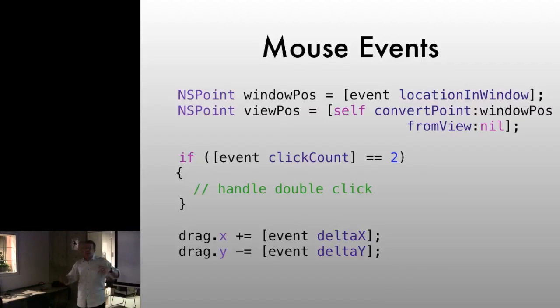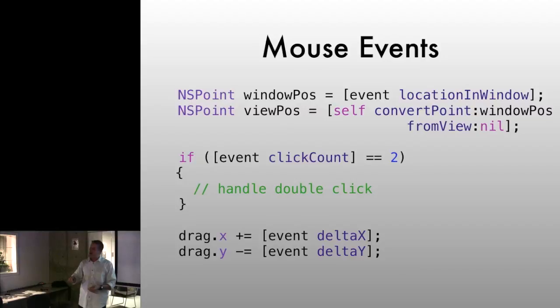In this case, what we're really concerned with is where in the view the mouse was clicked. Actually, we're not even so concerned with that at this point. We can just ask the event how many times the mouse was clicked, and if it was clicked twice, according to the system preferences, then we know that we've had an actual double click.